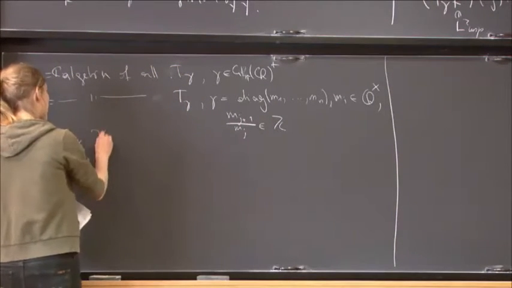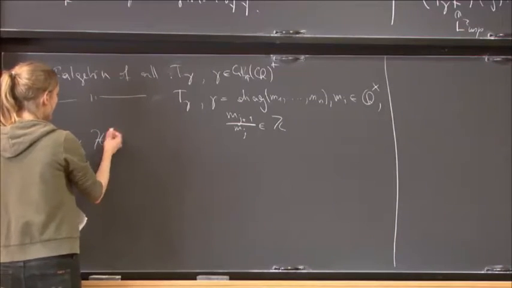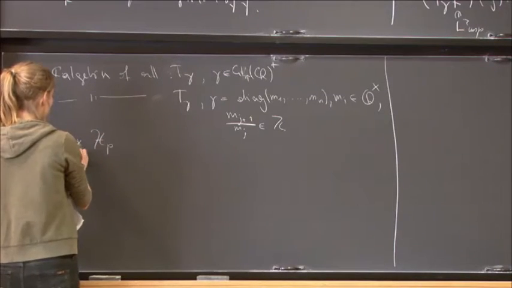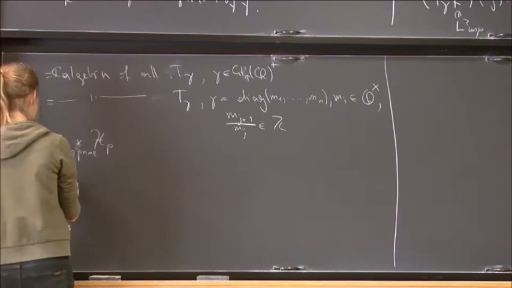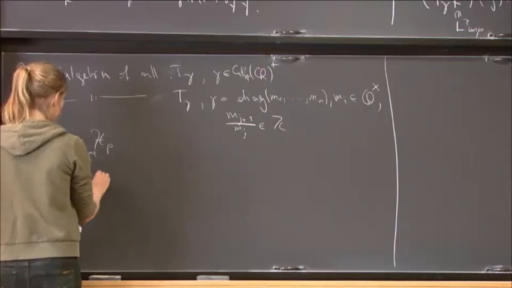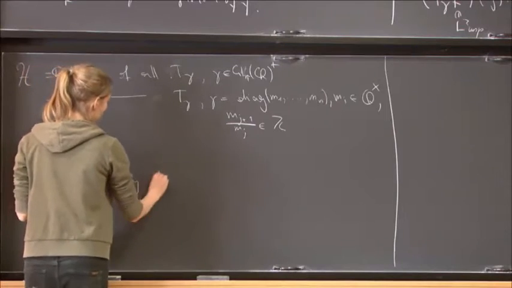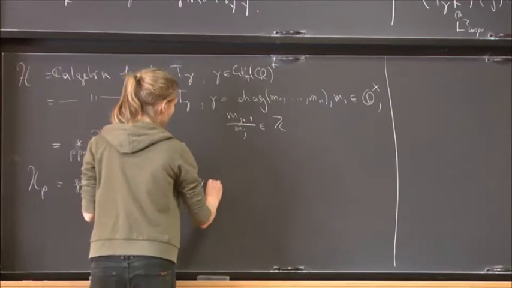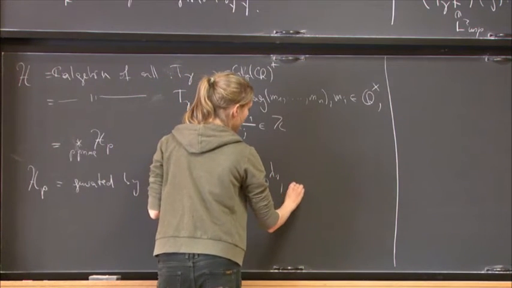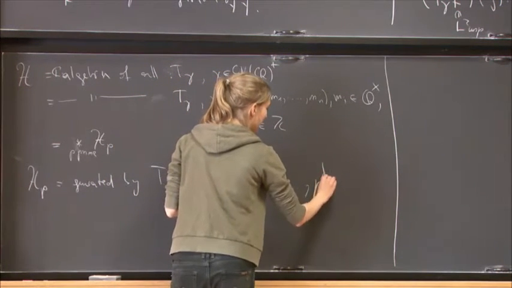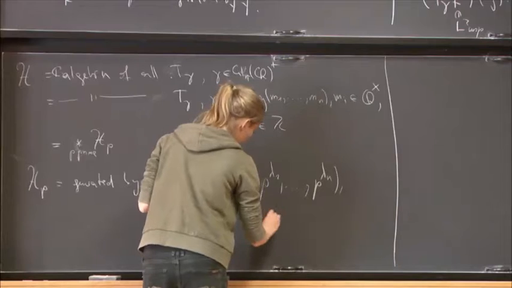So this is actually the same as the product of all H_p for p prime, where this H_p is generated by T_gammas with gamma just a diagonal matrix, p to the lambda_n, lambda_i, z.